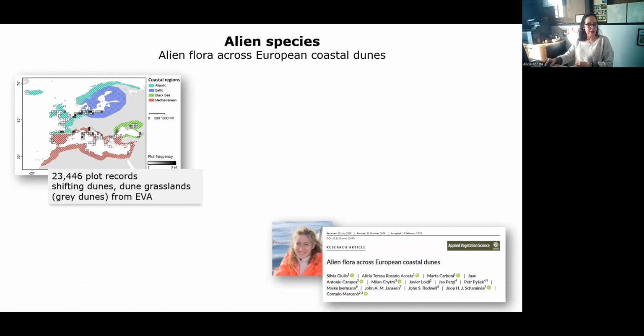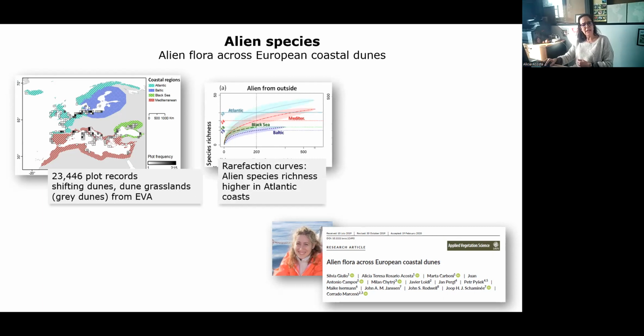Silvia used more than 20,000 relevés from shifting dunes and dune grasslands, using the European Vegetation Archive, EVA, and quantified richness, frequency, and distribution of neophyte species.